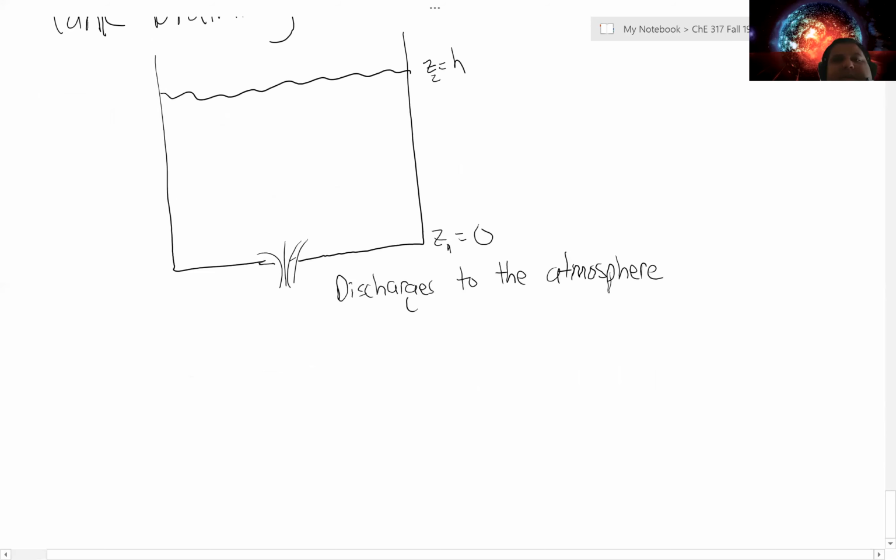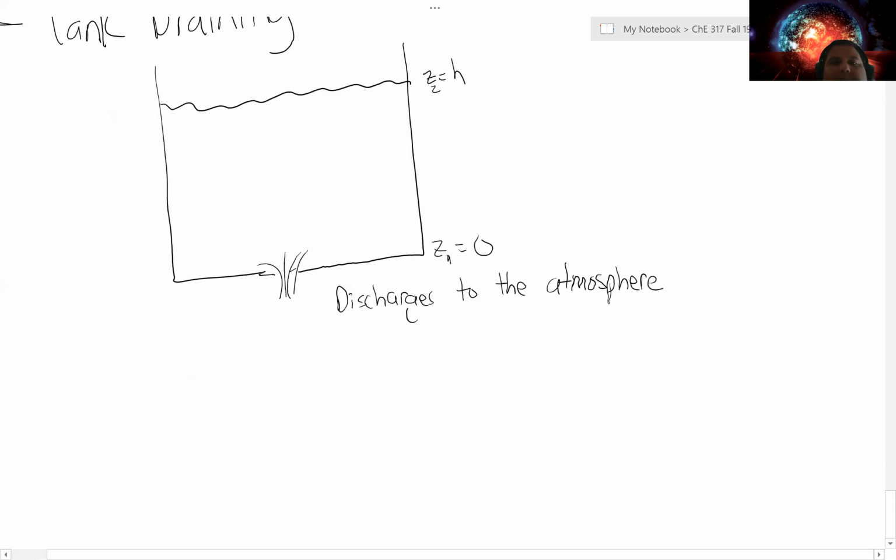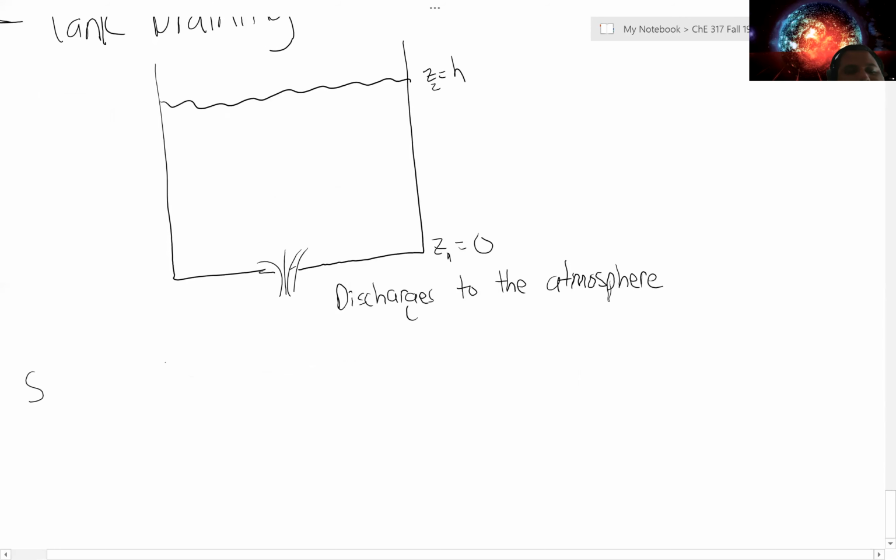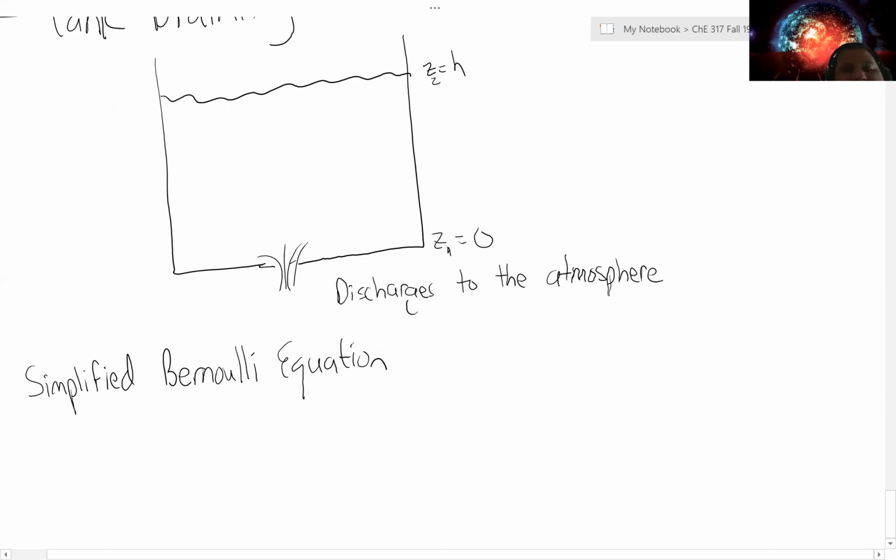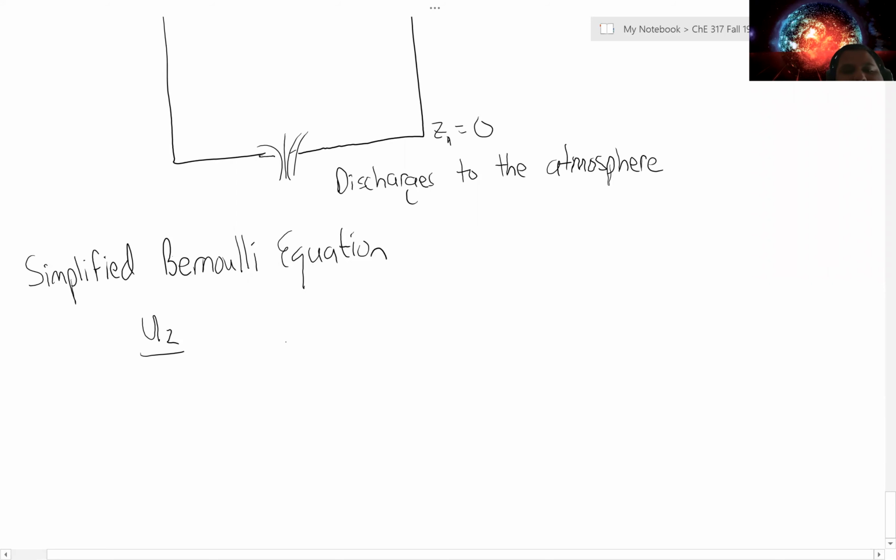So in this system, I can consider it in terms of the simplified Bernoulli expression, such that I can define things only in terms of the kinetic energy, the pressure, and the height of the system.